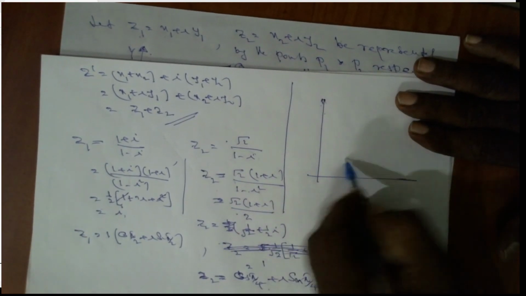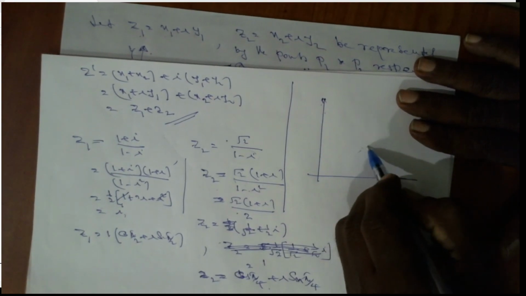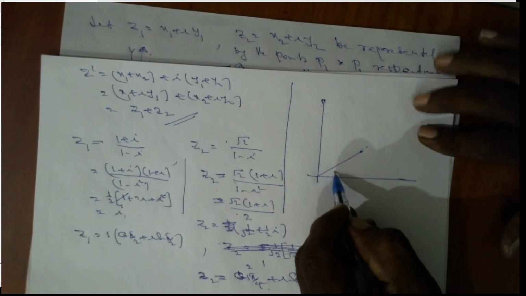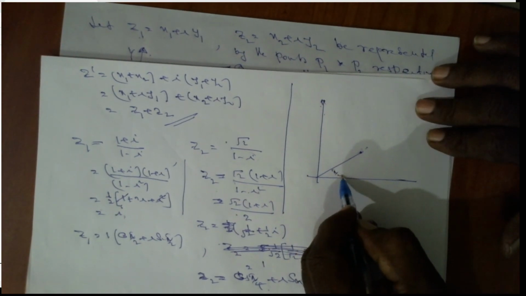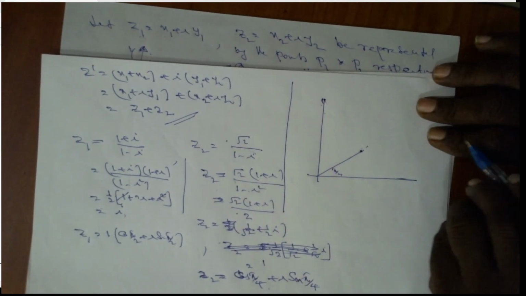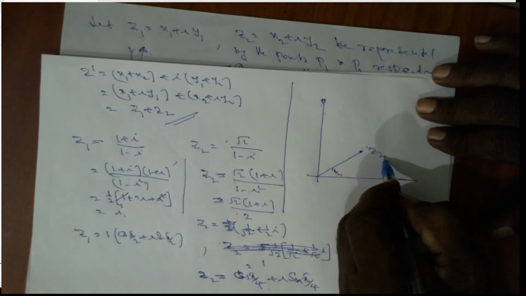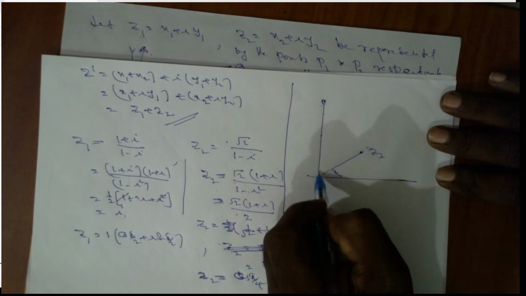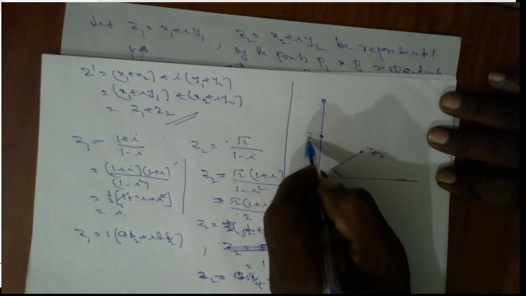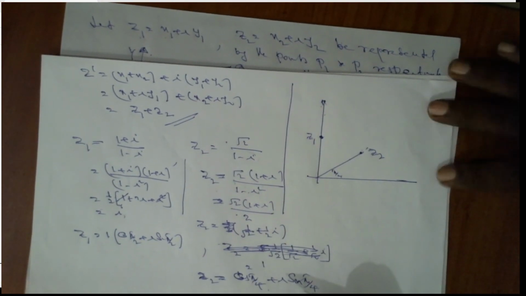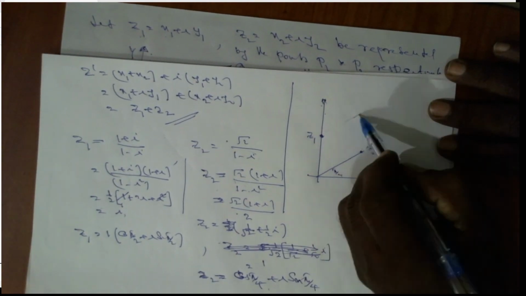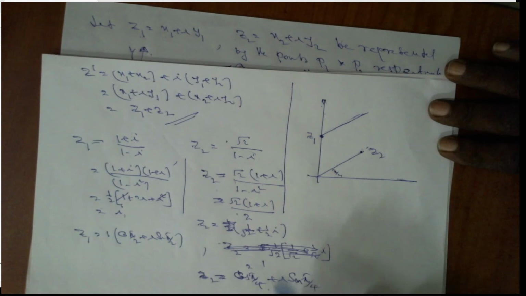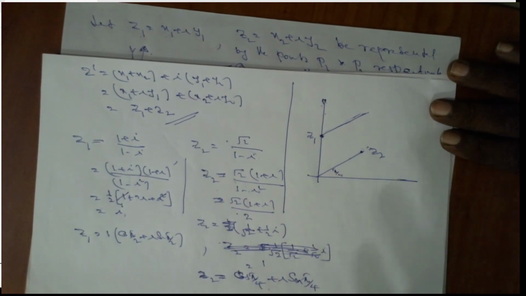Now you see one complex number is at 45 degrees, this pi by 4, this is C2. C1 is like this. So this is a rhombus. Without noticing those things, this sum is very difficult.